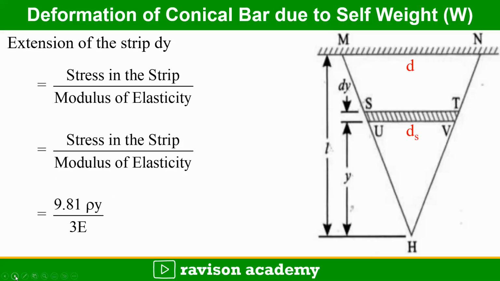The extension of the strip dy can be written as stress in the strip divided by modulus of elasticity. The stress in the strip, we know, is 9.81 rho y divided by 3, so the extension is 9.81 rho y by 3E.